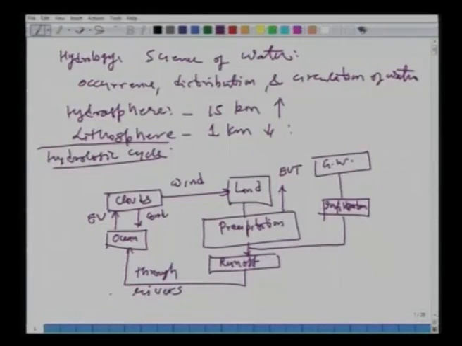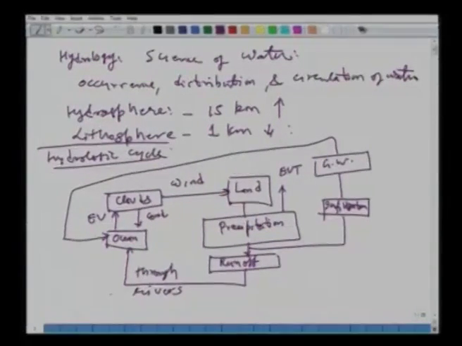This groundwater also, after a very long time in the form of base flow, goes back to oceans through the rivers and streams on the land. From the groundwater, we do some manual interaction, and then we take the water out for water supply, and from runoff also we take water manually for various purposes.